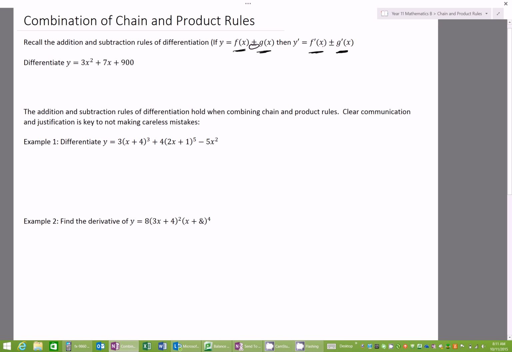Or if they're subtracted, subtract the derivatives from one another. So when I'm differentiating this expression, which is three functions added together, I just differentiate each part by itself. y dash will be 6x plus 7 and then plus 0. I don't need to write the plus 0 at the end.